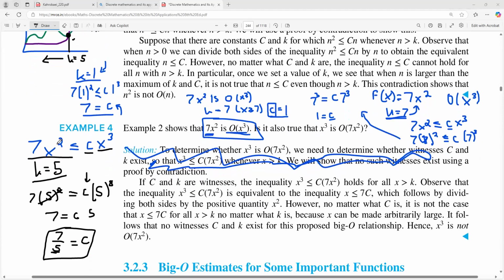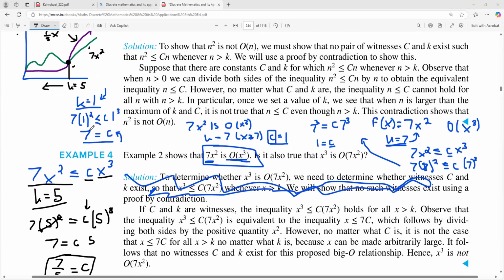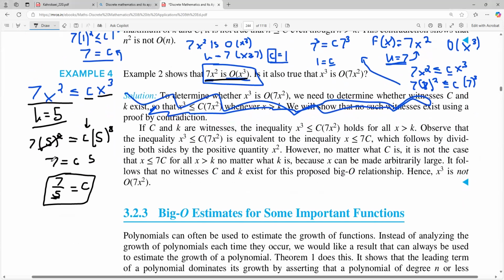Does that make sense? Is everyone okay with that? This is the first part. This is how you prove usually big O notations. Similar process. Once again, what you choose for K is completely up to you. That's given the freedom.